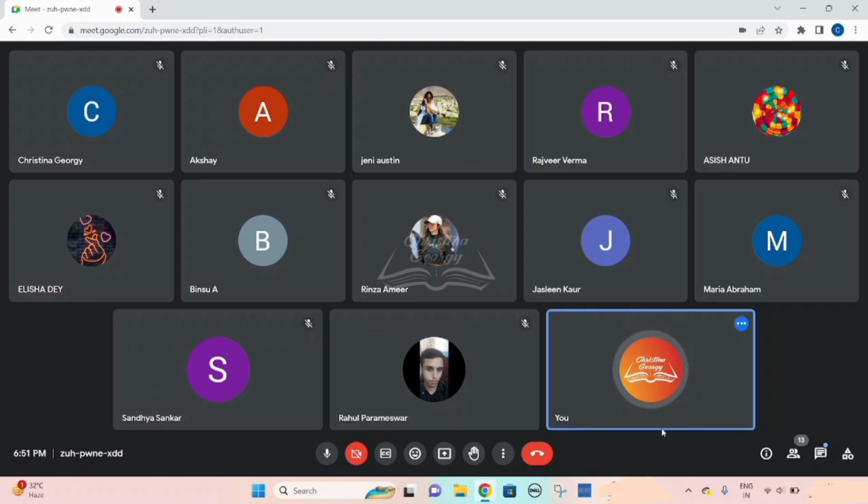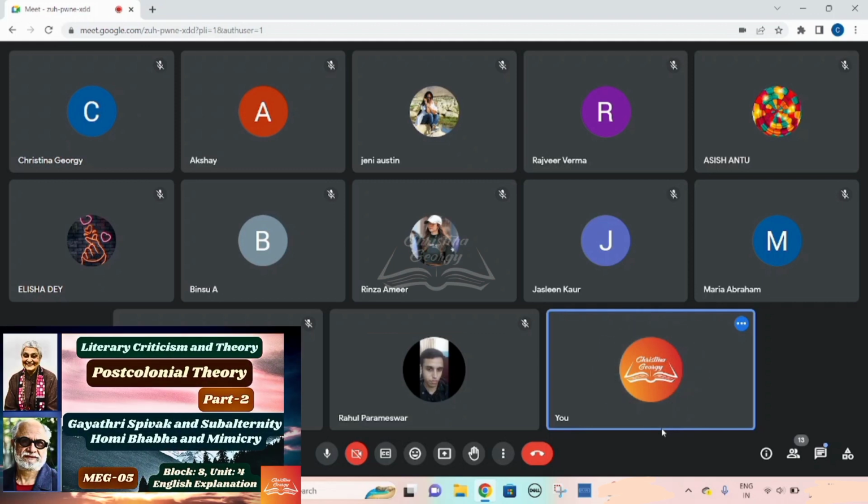So this term subaltern means of inferior rank, and it is a word put forth by Antonio Gramsci, later adopted by Gayatri Chakravorty Spivak. I've also given detailed lectures on this. If interested, you may check them out. So subaltern groups means underprivileged groups.